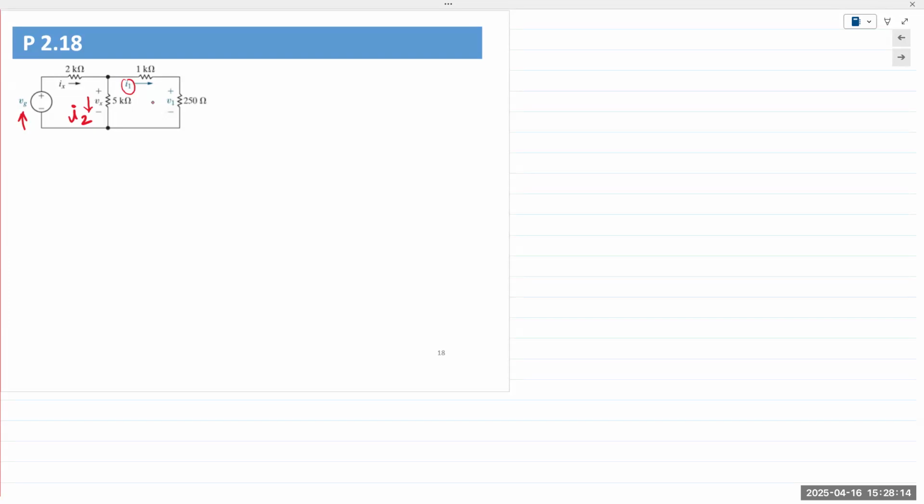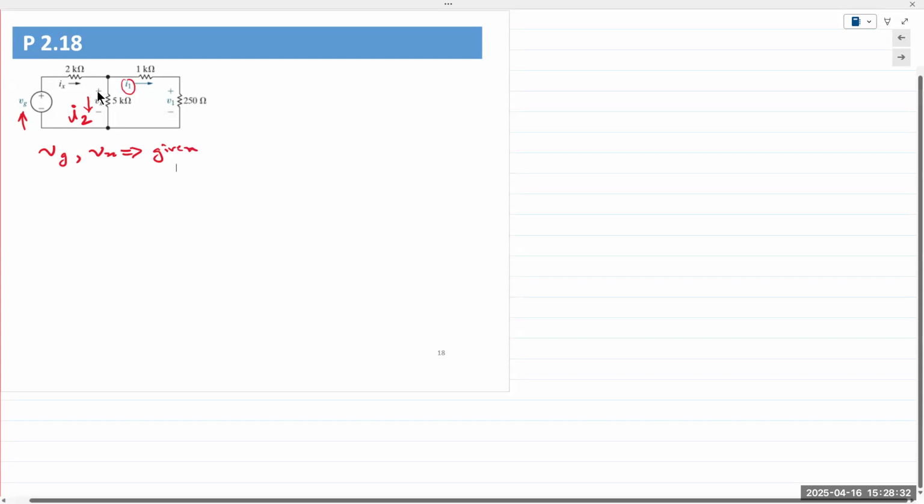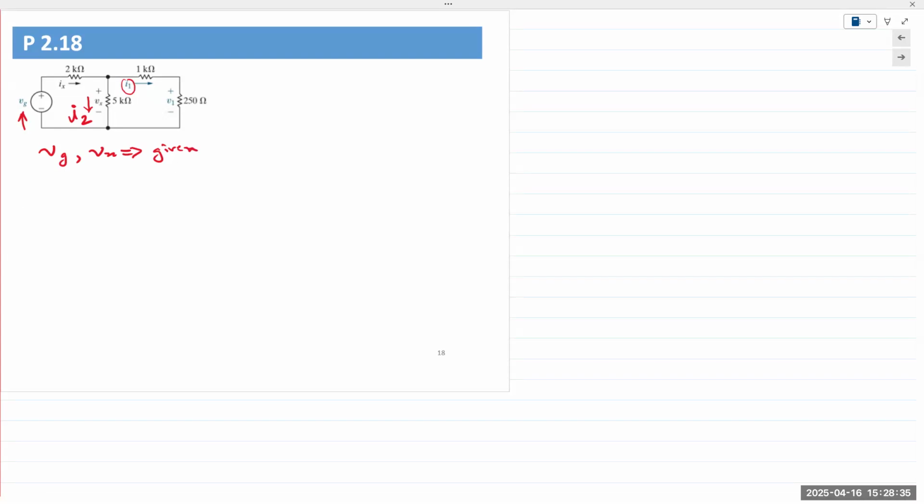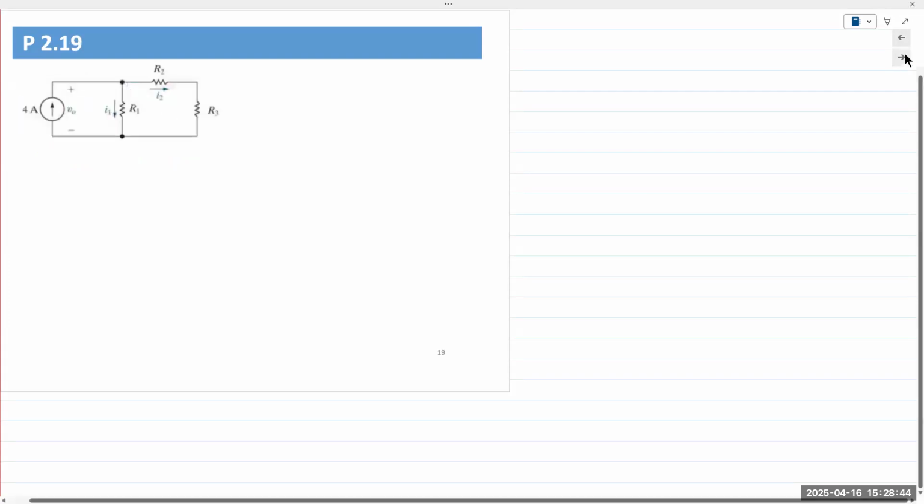Okay. I believe the Vx voltage value is given in the problem. Vx is given, and Vg is given. Let me just confirm. I believe they are. Let's see. So the next one is I1, I2.